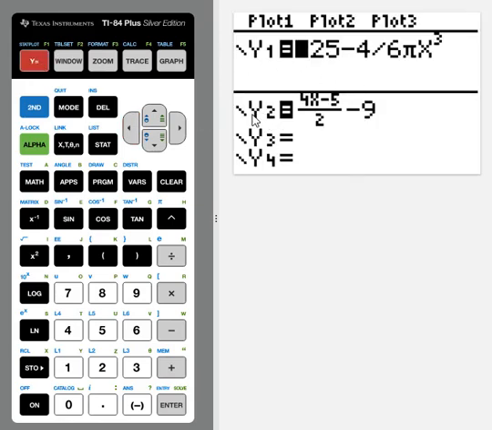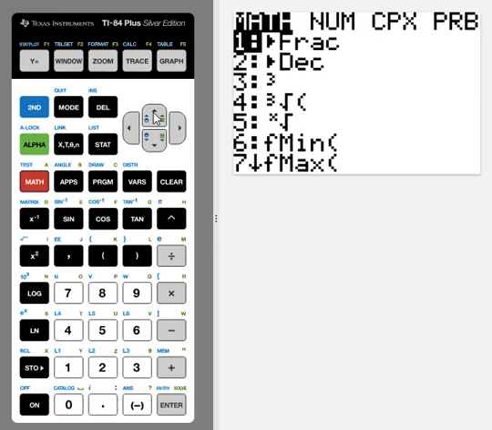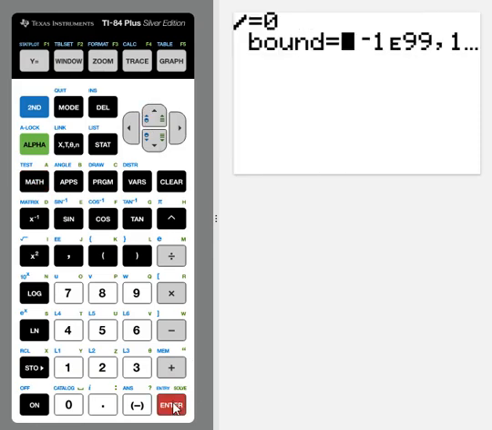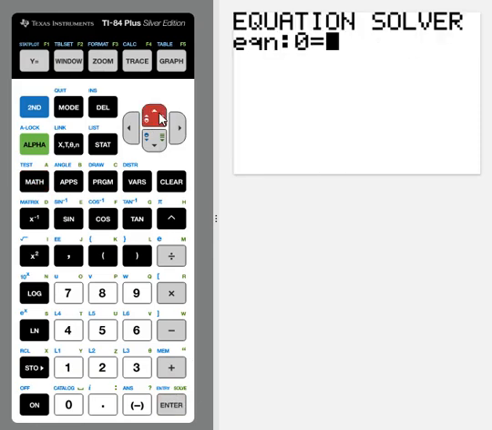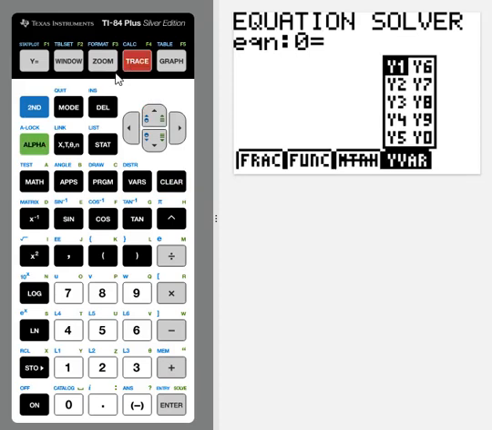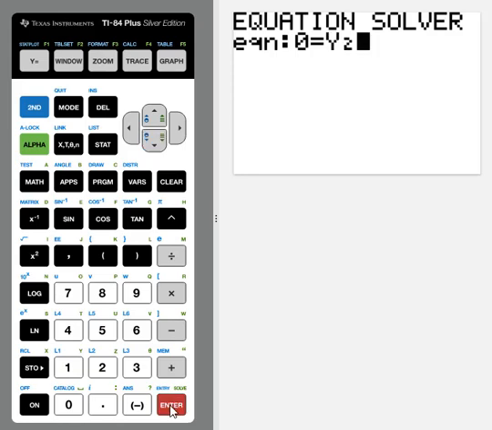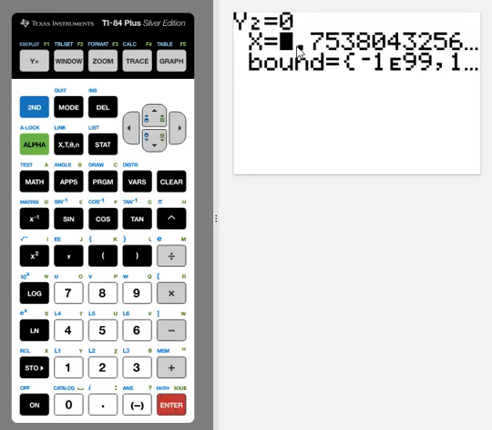Then we put the y2 this time. For example, I will do the math equation solver. I put alpha trace, then here's y2, then enter. I will say this one is a 4, then alpha, enter.